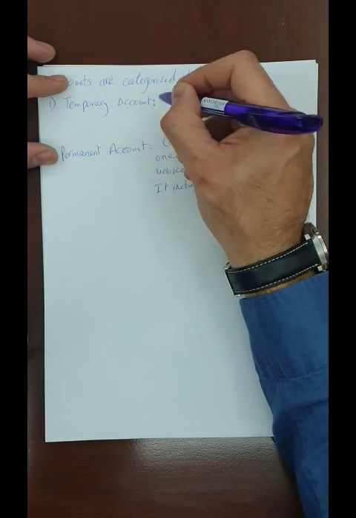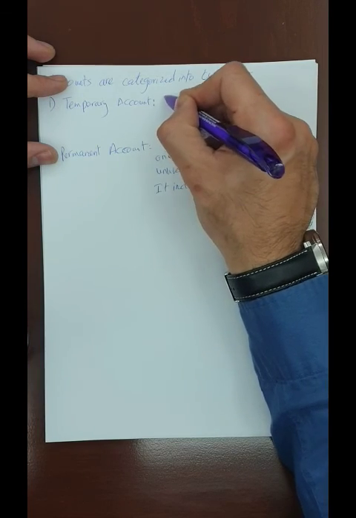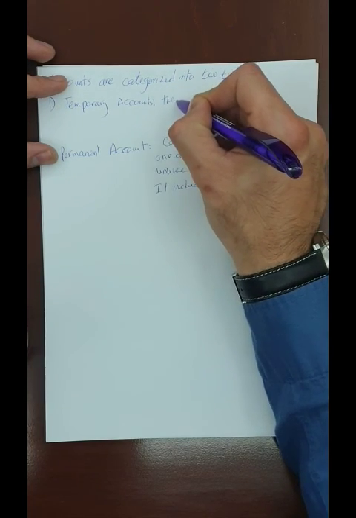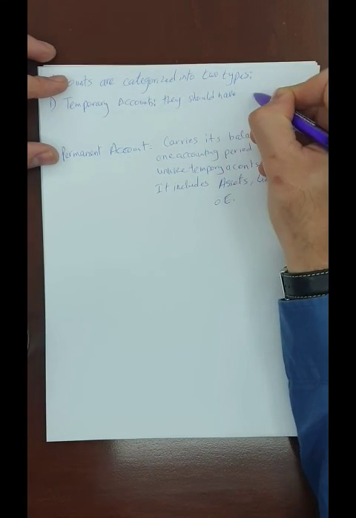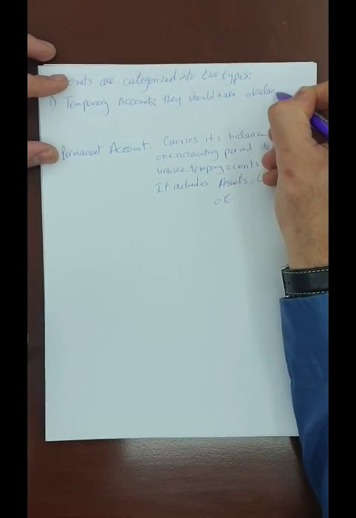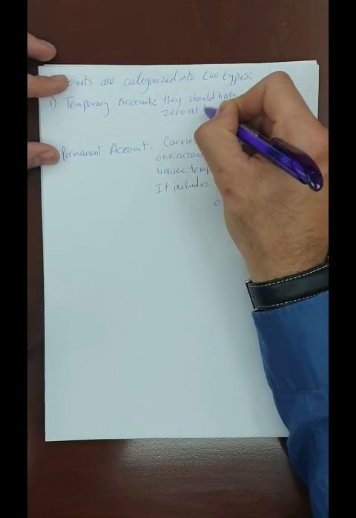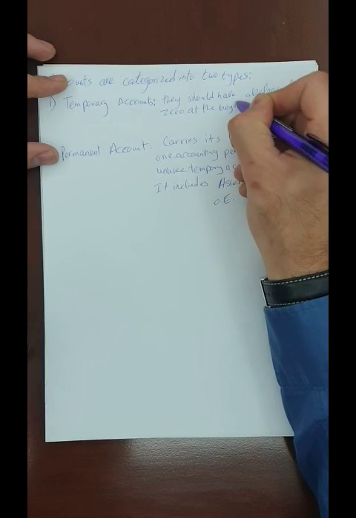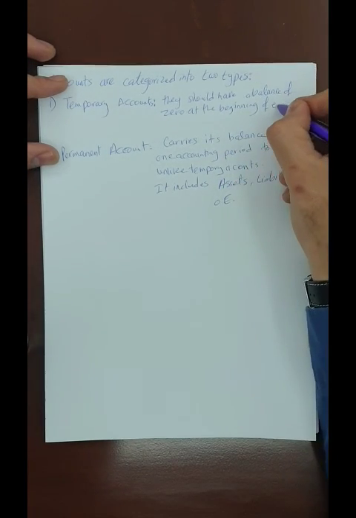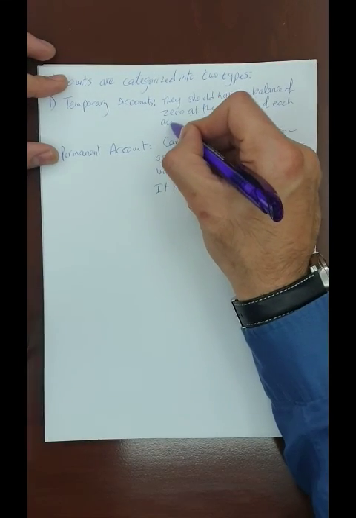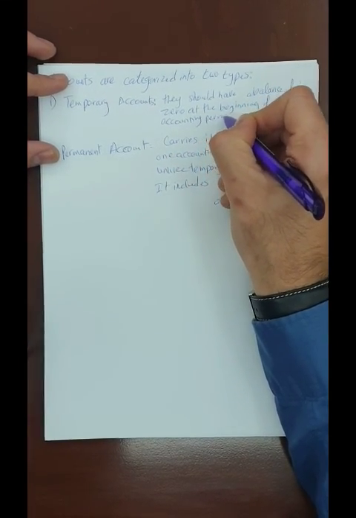Temporary accounts, on the other hand, should have a balance of 0 at the beginning of each accounting period or cycle.